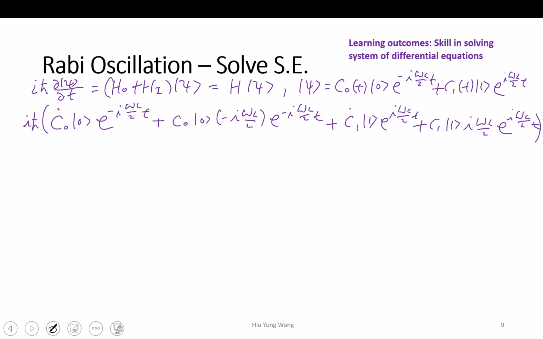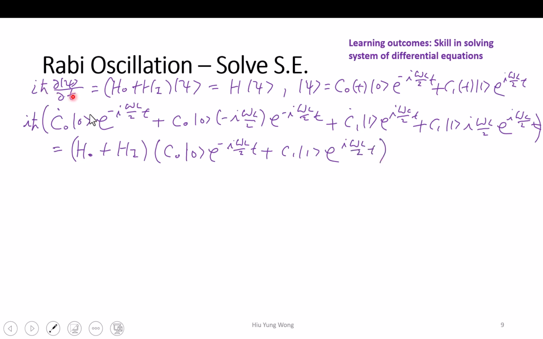This is the left hand side. And then the right hand side is simple, right? It's just equal to H0 plus HI, the whole thing, and then multiply the whole state, C0, 0, e to the power negative i omega L divided by 2t plus C1, 1, e to the power i omega L divided by 2t, right?